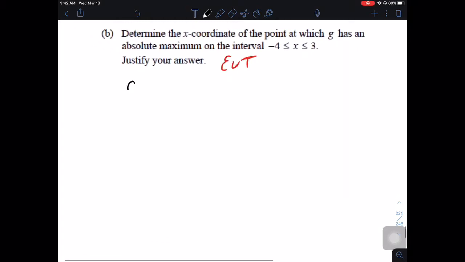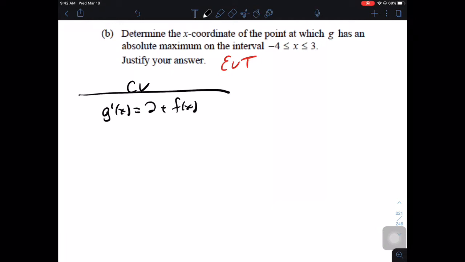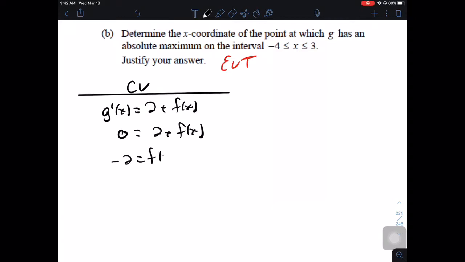To find the critical value, we're going to take the derivative, which we already established was 2 plus f of x. To find relative mins and maxes, we set that equal to 0. And we end up with f of x is -2.